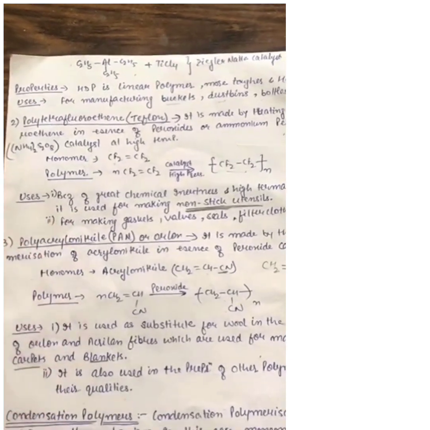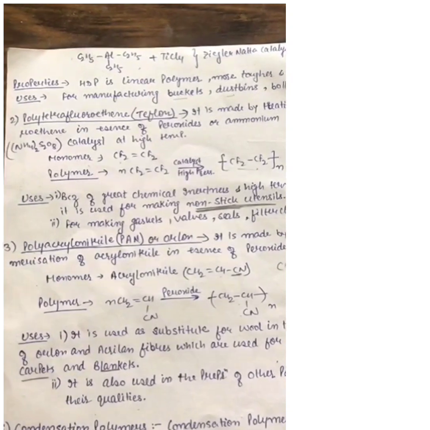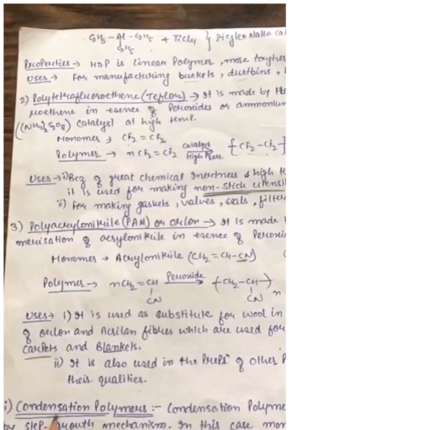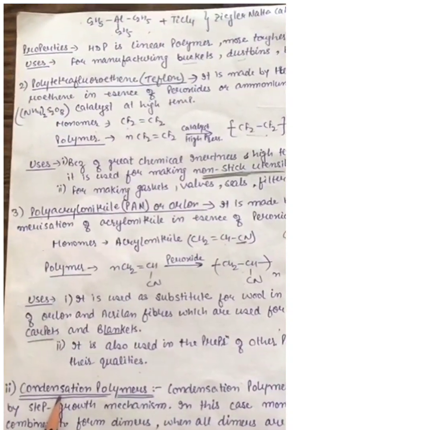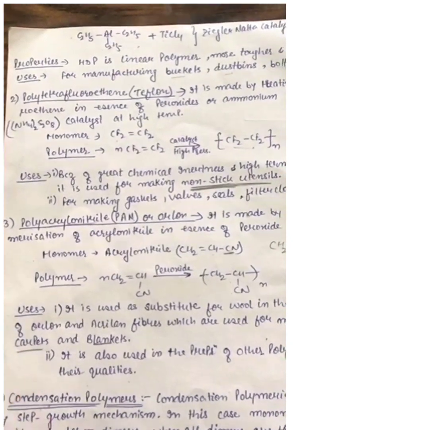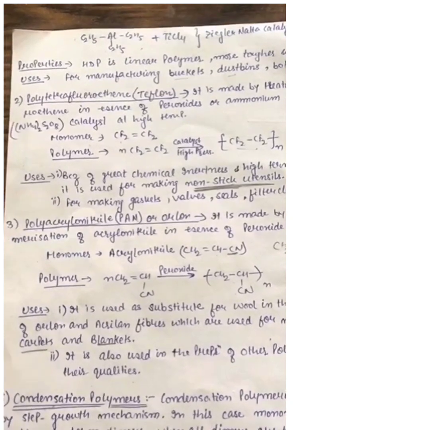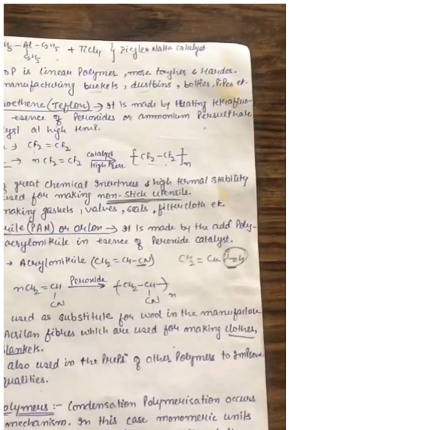So this is all about the addition polymerization and their examples. Next category is our condensation polymer. As we all know, in this type of polymerization, two different monomers will combine with the elimination of small molecule. We will not discuss their mechanism, only the mechanism was of addition polymerization, but the main thing is that this polymer is also known as step growth polymerization.